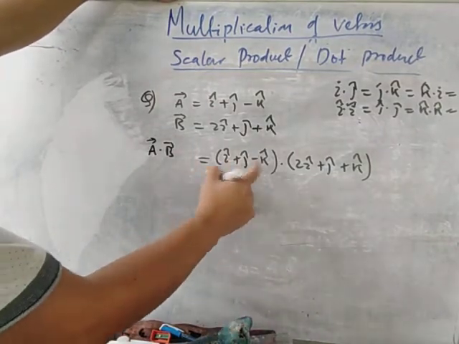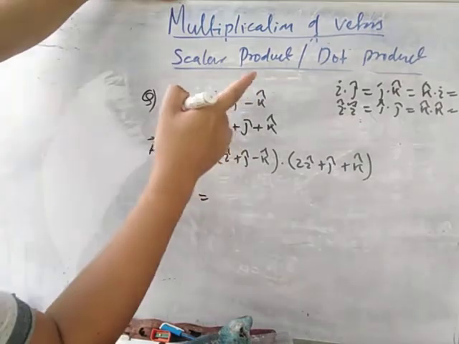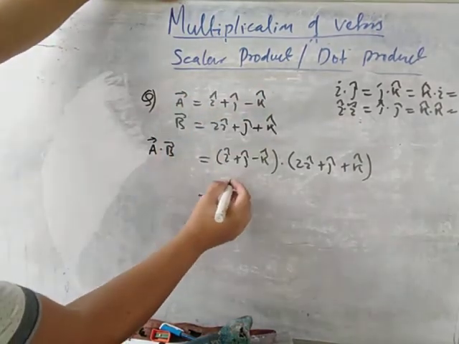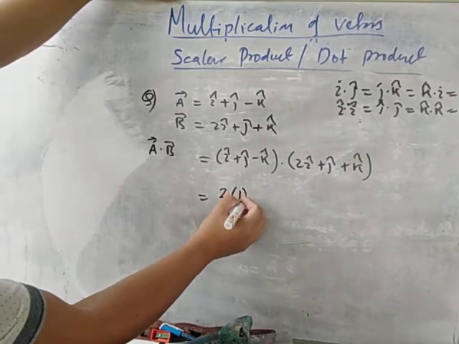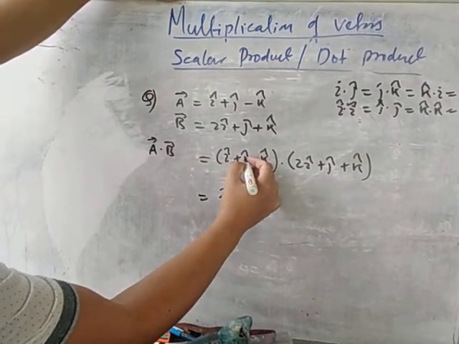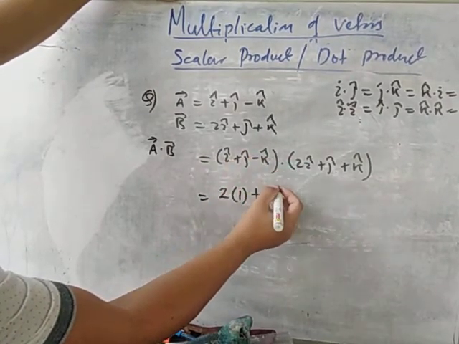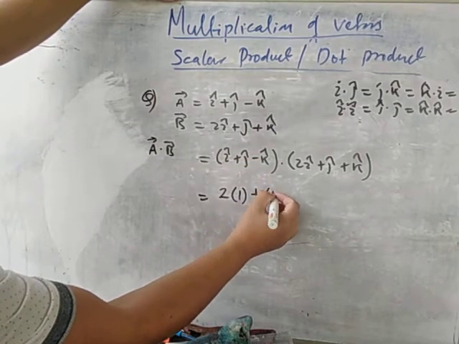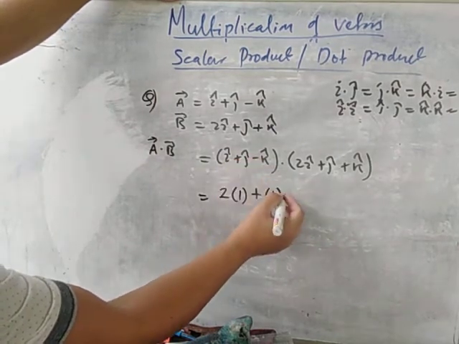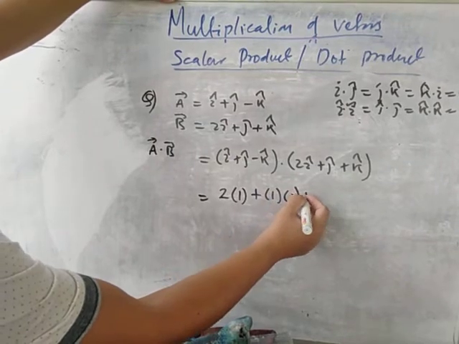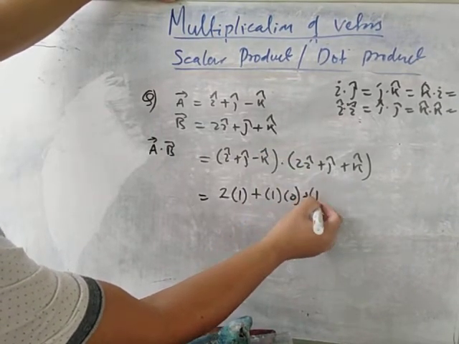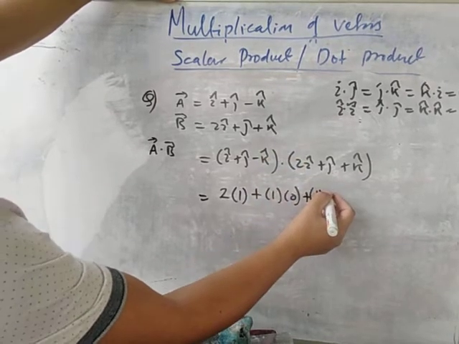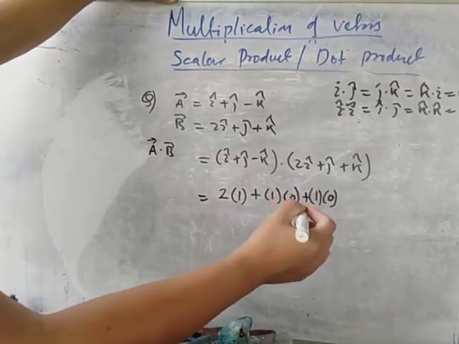So i dot i, how much? 1, isn't it? So 1 into 2, 2, plus i into j is 0, plus 1 into 1, 1, i into k is 0.